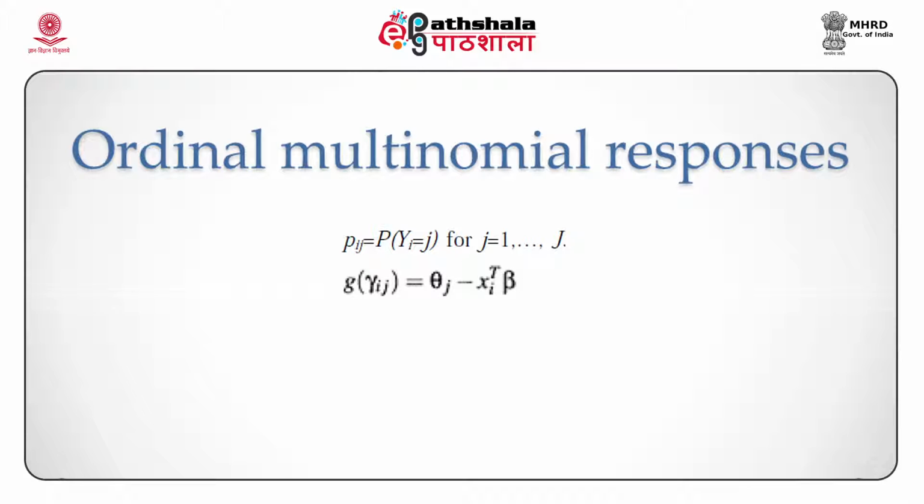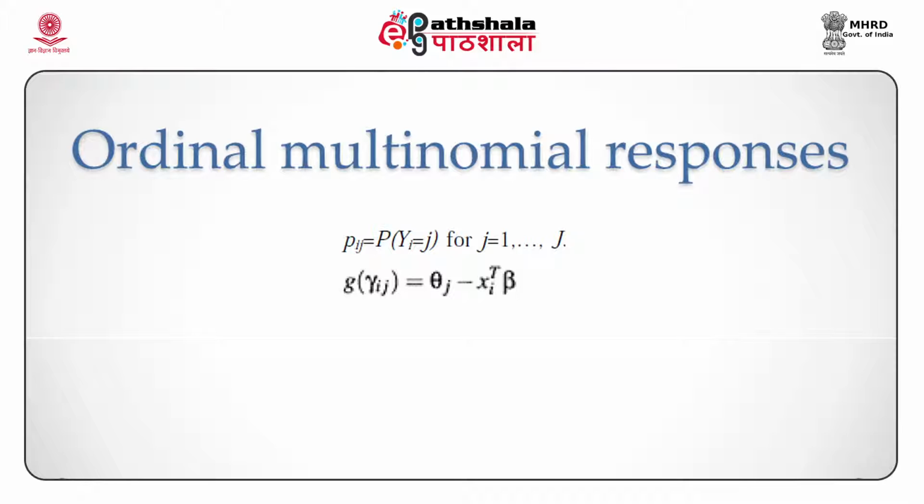We define the link function g of gamma ij equal to theta j minus xi prime beta. So note that the link function is not applied to the Pij's but rather to gamma ij's. The gamma ij's now represent the cumulative probabilities.